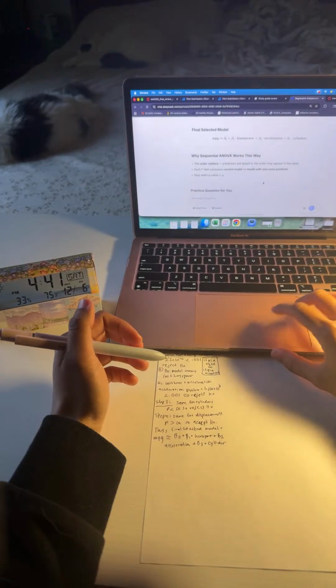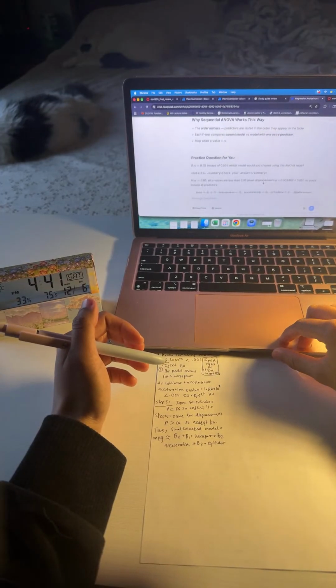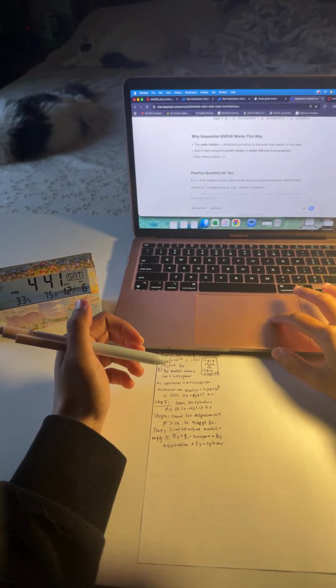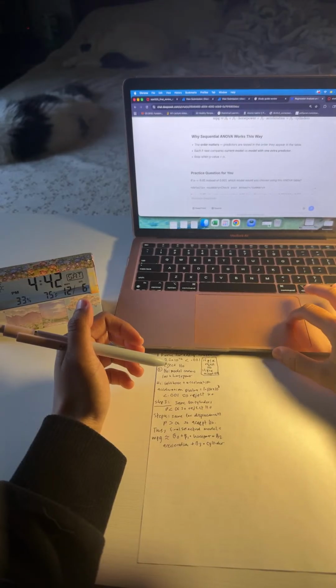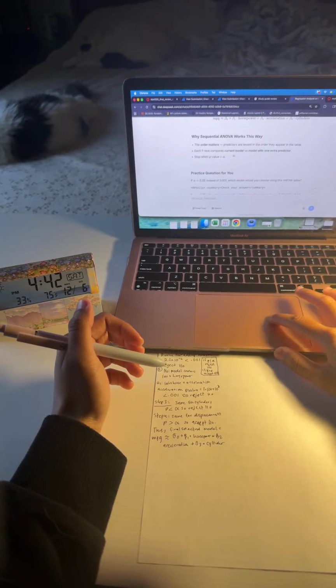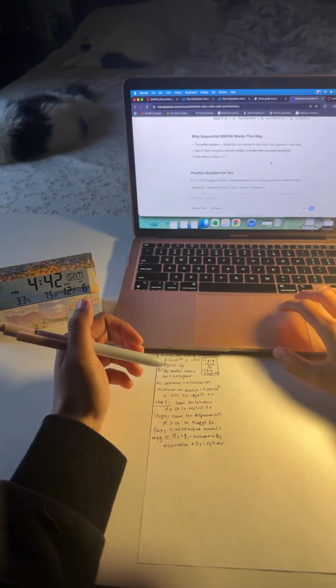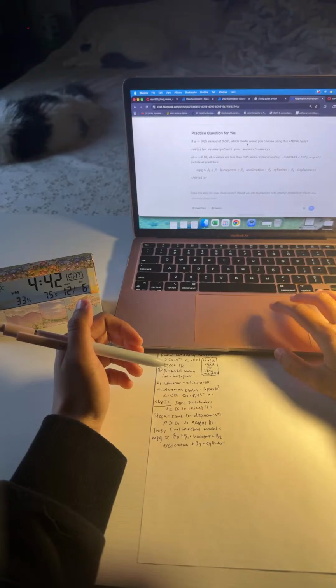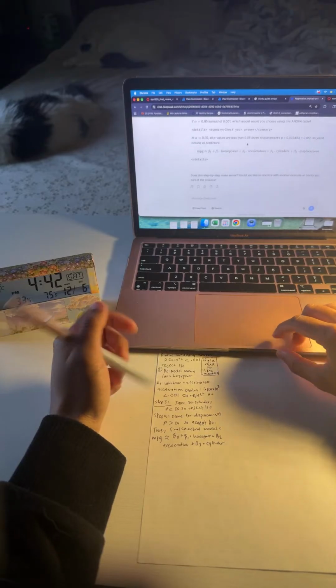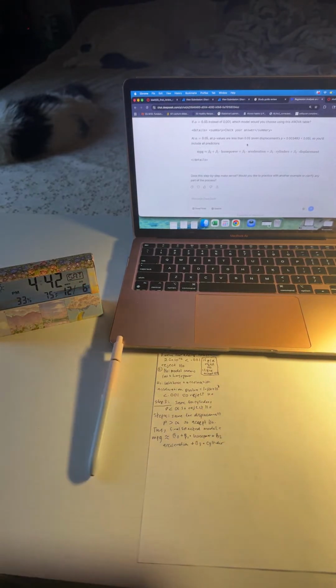And that's our final selected model. So the order matters. Each F-test compares the current model with the model without a given predictor, so you stop when that happens. Practice question. Oh, I can't do a practice question now. Okay.